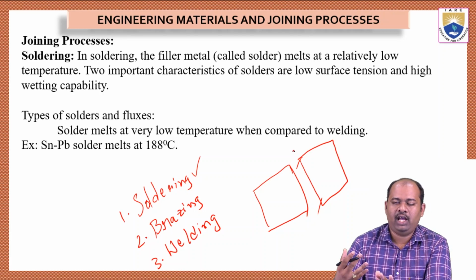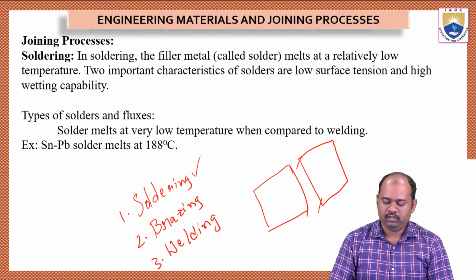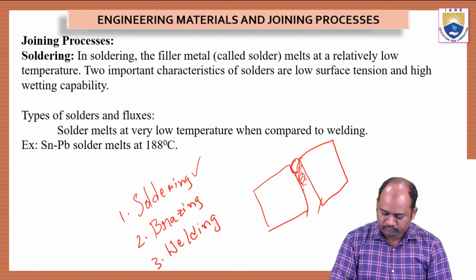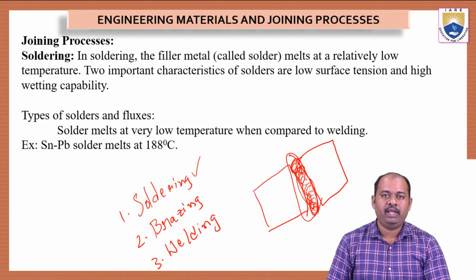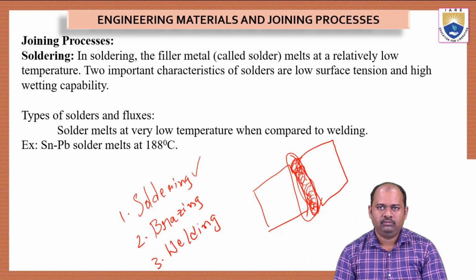While welding, I have to use some meltable metal rod. Upon heating, this rod will melt and form a layer between the two plates. This entire thing will form a joint, and the two plates are joined together.